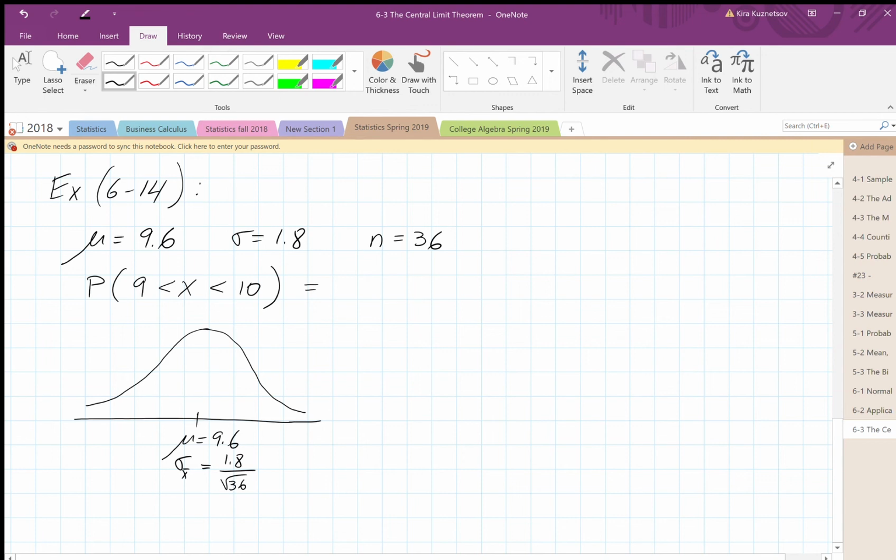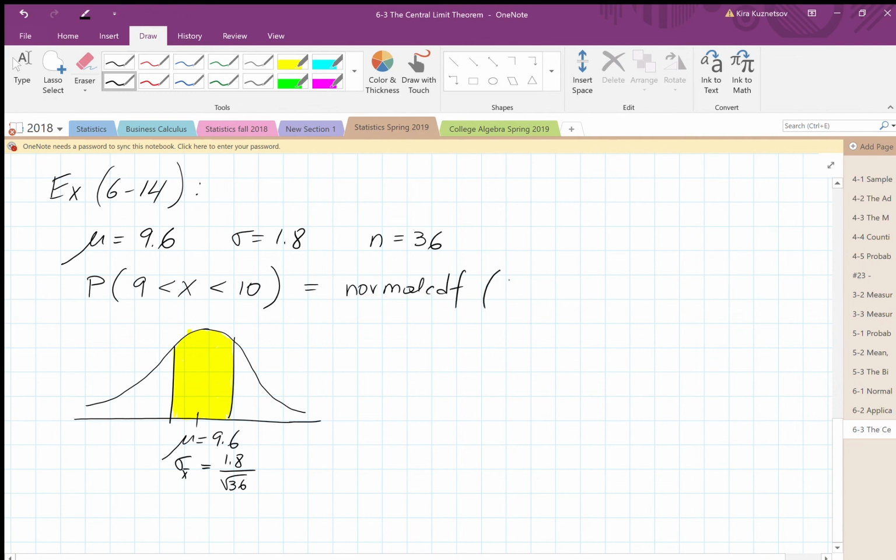So they're looking for results that are between 9 and 10. Notice the mean is 9.6, so I'm probably right around here, a little bit to the left of the mean, a little bit to the right of the mean, between 9 and 10. So it's a pretty good general picture. I'm doing normal CDF because I'm looking for a percentile given the x.